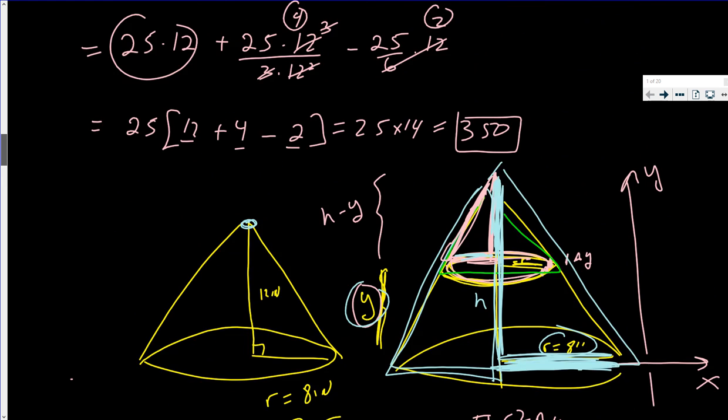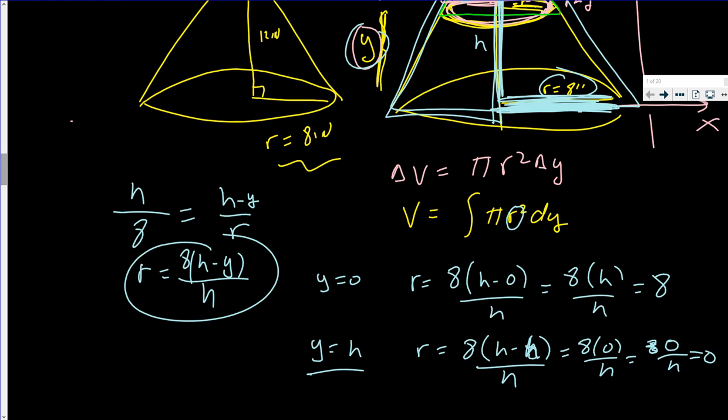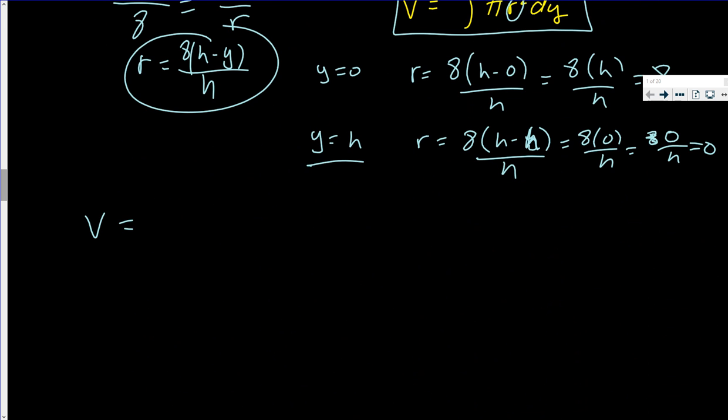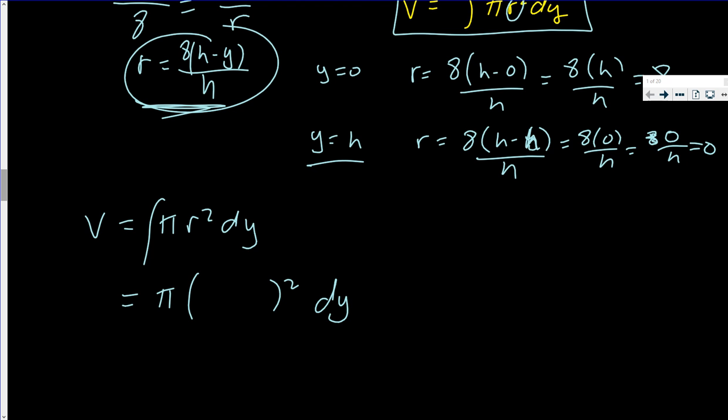So now we want to integrate pi r squared dy. So it's pi times r squared dy. But r from right here is 8 times h minus y over h. And what's y going from? It's going from 0 to h.